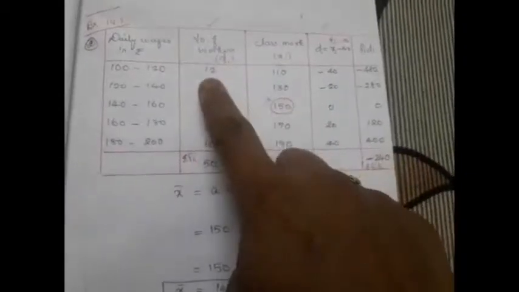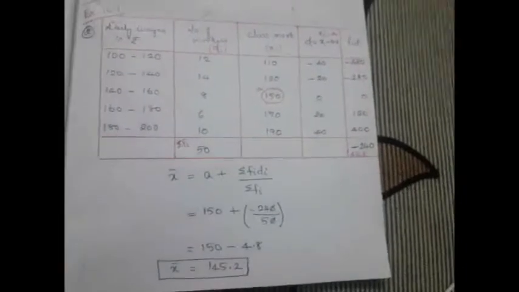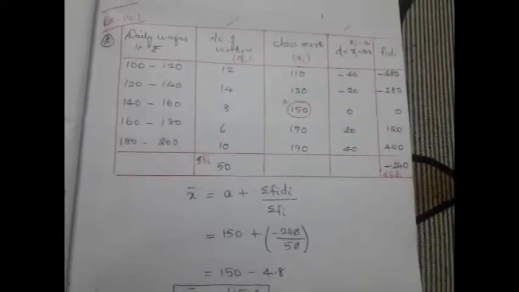But imagine when you want to multiply Fi with xi, your calculations will become more because your x is a bigger number compared to your D. Right? So when you have a bigger number, kindly go with assumed mean method. Yes, hope you understood. So let us move on to our next question.